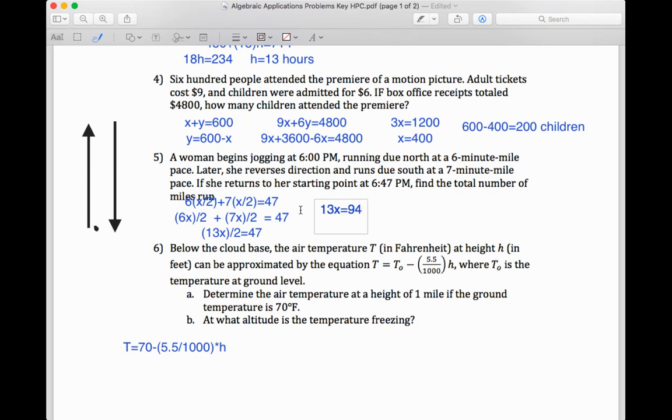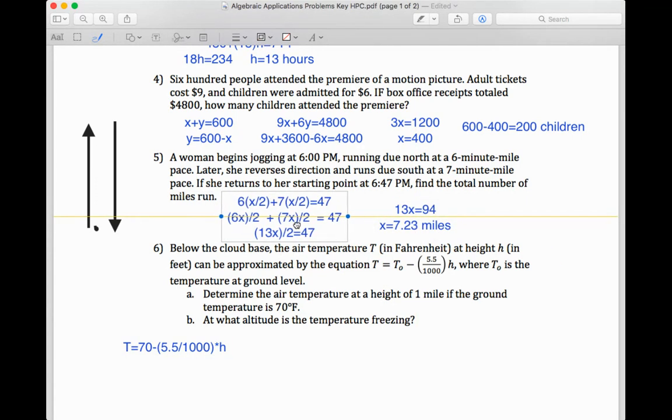I go ahead and divide both sides by 13, and I get x is equal to 7.23 miles. So in total, this woman ran 7.23 miles, half of which she ran due north and half of which she ran due south.